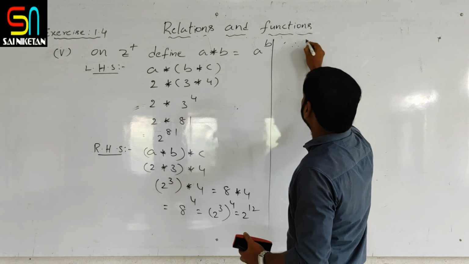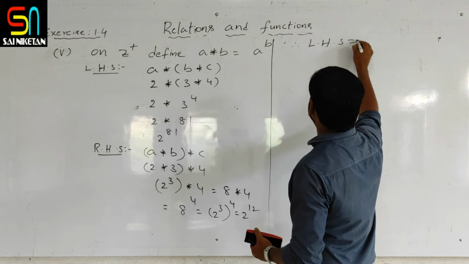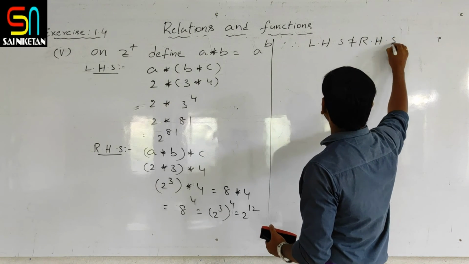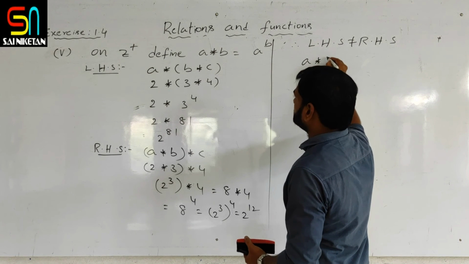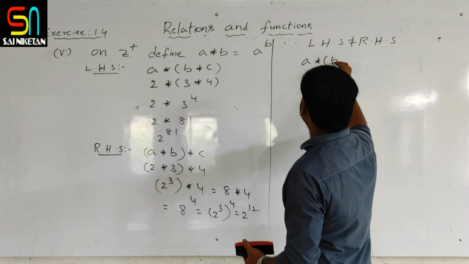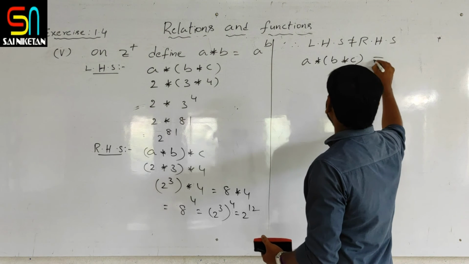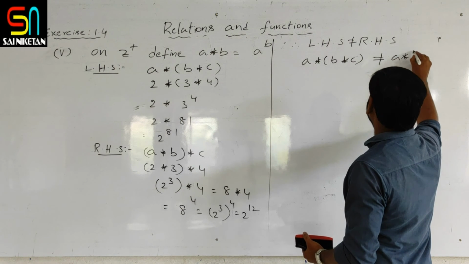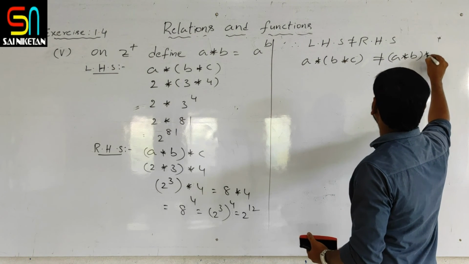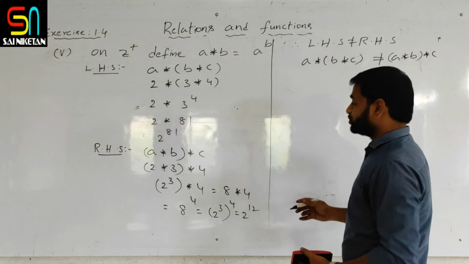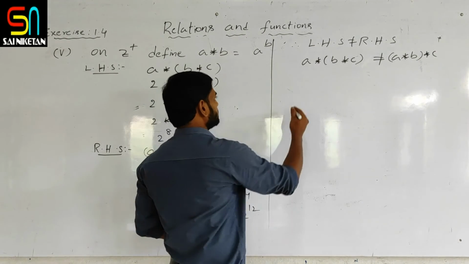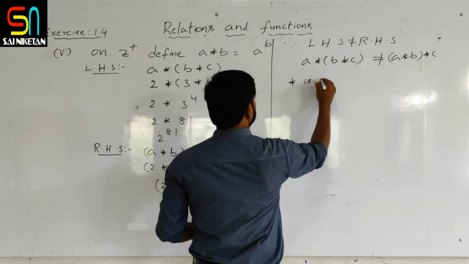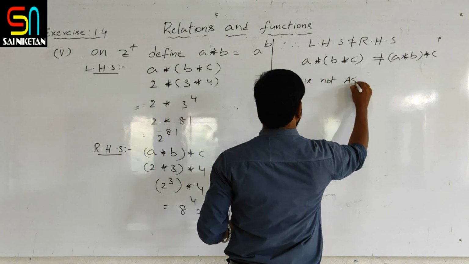So what do you write? Therefore LHS is not equal to RHS, or A star of B star C is not equal to A star B star C. When these conditions fail, we can say star is not associative.